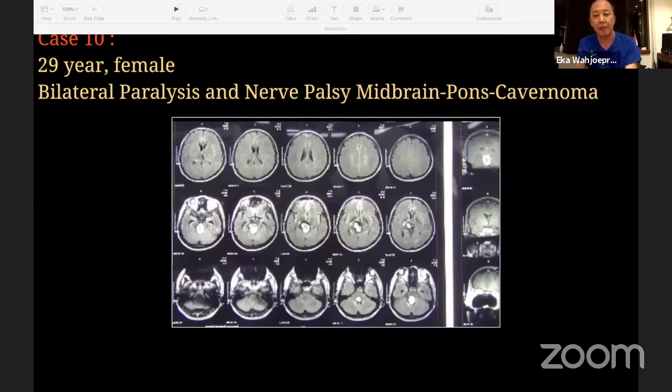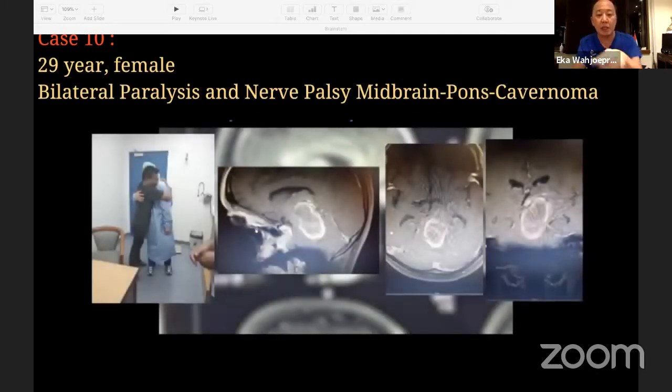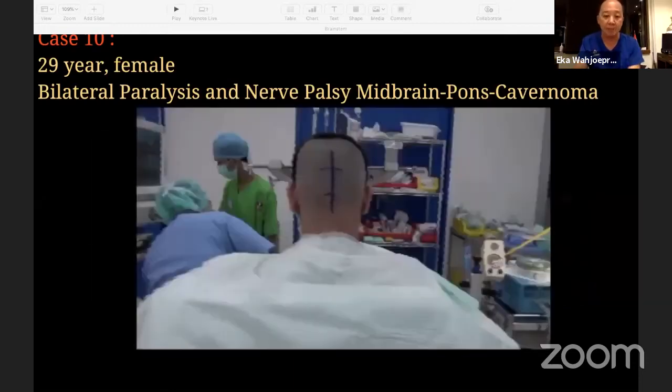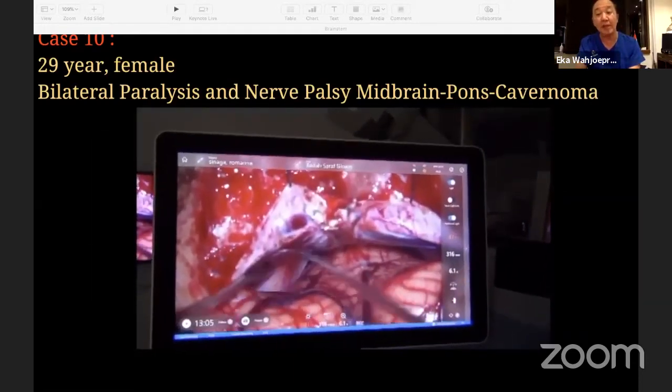The cavernoma is really very big, from the pons going to the midbrain. It's quite huge. That's when the husband met me. So in this case, we decided to use a sitting position, because the sitting position may be the best approach for this type.